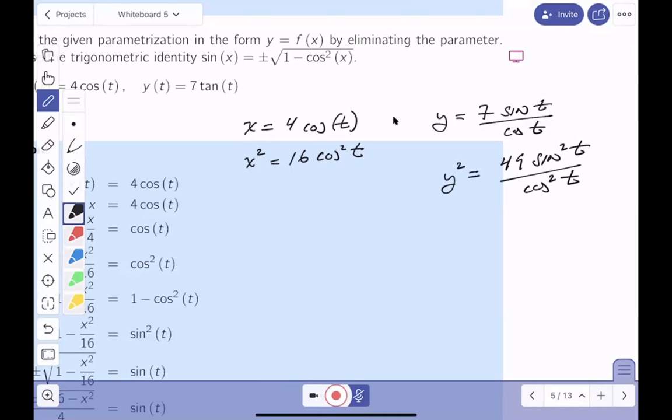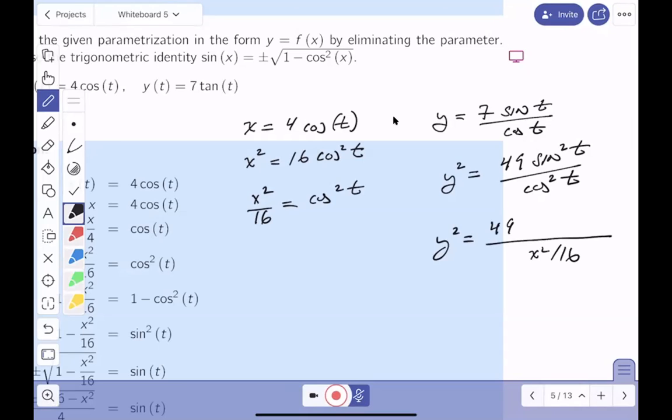Again, I hope I'm not going too quick with that. All right, so what am I going to do now? Geez, I got to make a substitution over here. And this could get really nasty looking. And I'm going to say x squared over 16 is the cosine squared t. So I can write down y squared is 49, and then the cosine squared t is actually just x squared over 16.